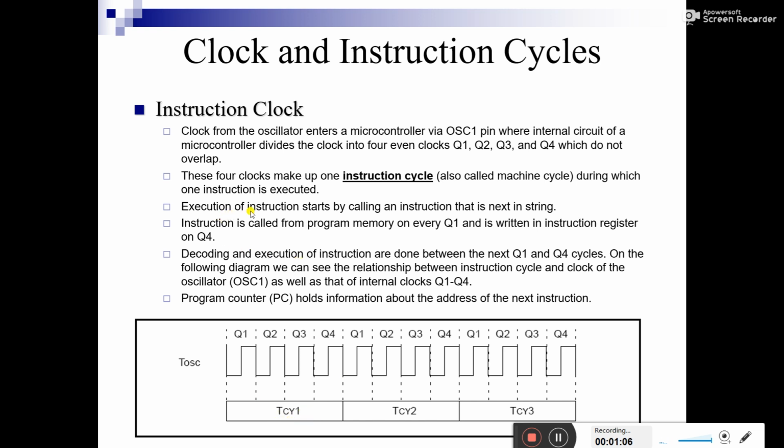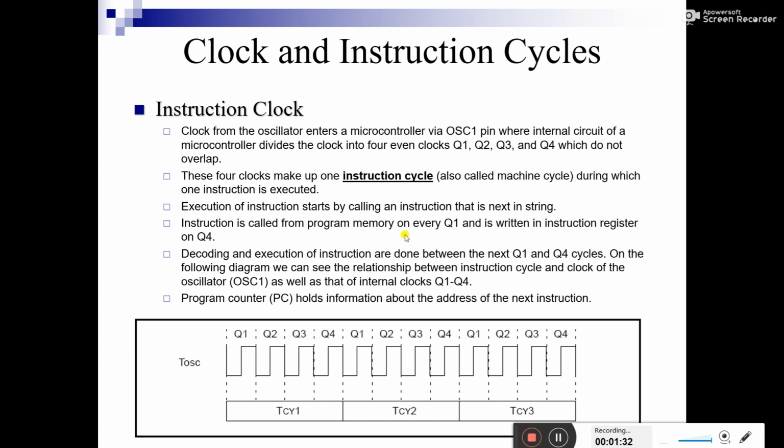Execution of an instruction starts by calling the instruction that is next in line. The instruction is called from the program memory on every Q1. When Q1 comes, an instruction is fetched from the memory and is written into the instruction register on Q4.